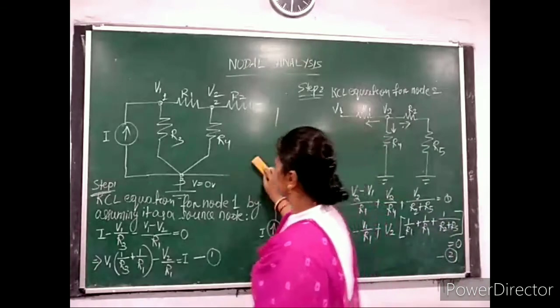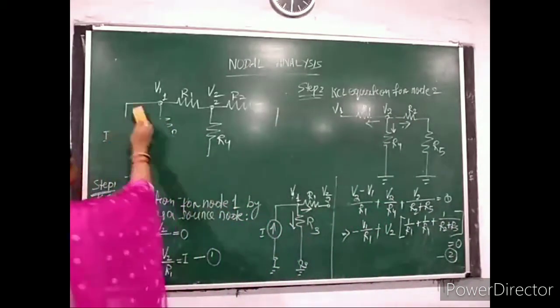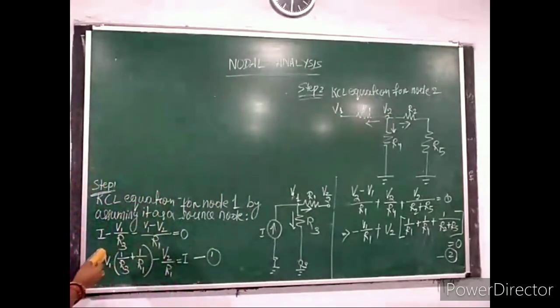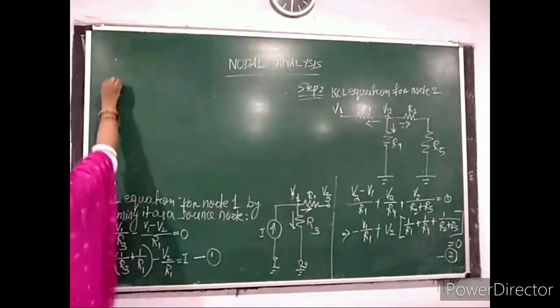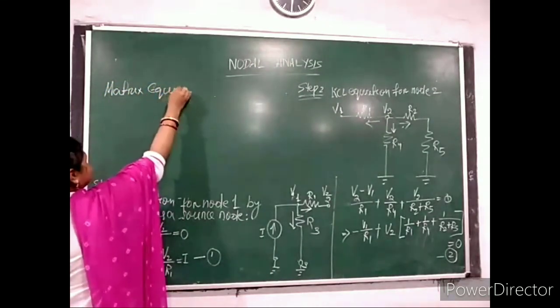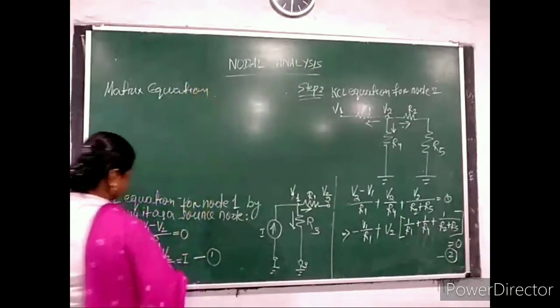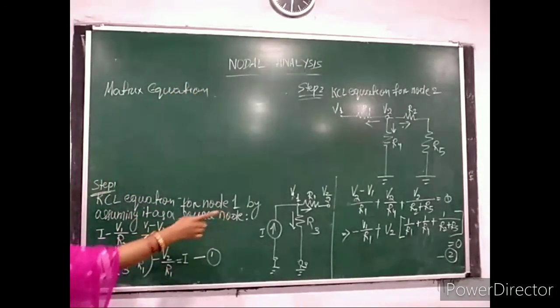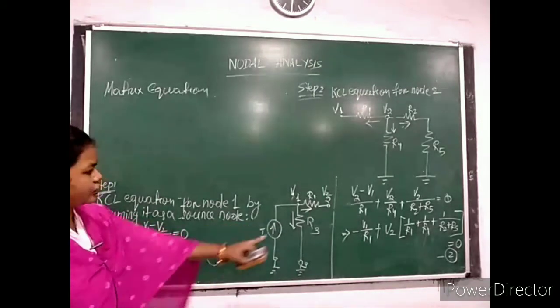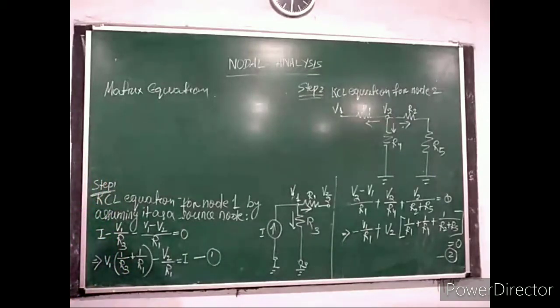Next, I match these two equations with the matrix equation. If you see equation number 1 and equation 2, the reciprocals of resistance, all the circuit coefficients are the conductances.